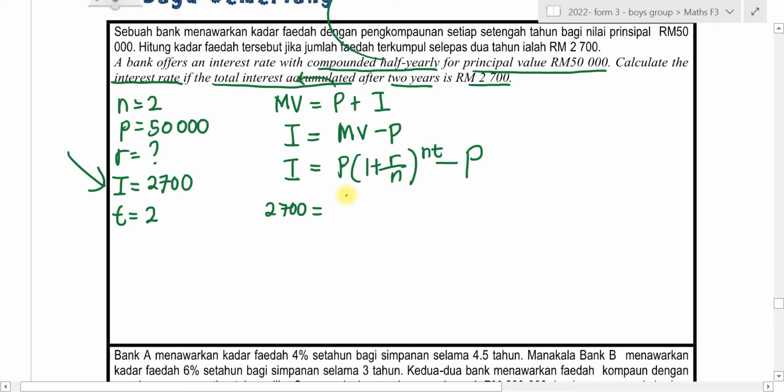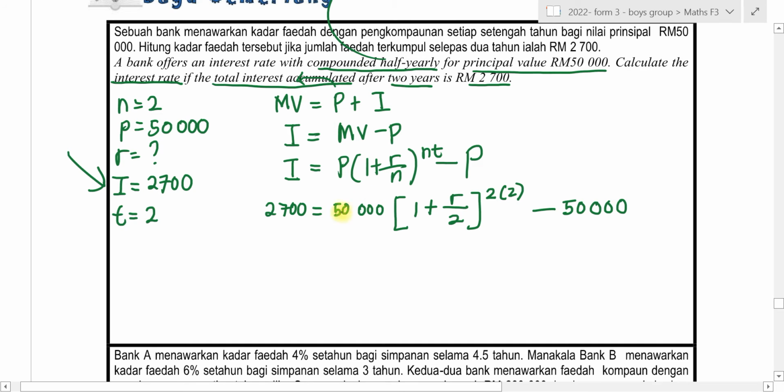Principal is 50,000, 1 plus r, which we don't know, over n which is 2, to the power of 2 times t, which is another 2. And don't forget you need to minus back the 50,000.